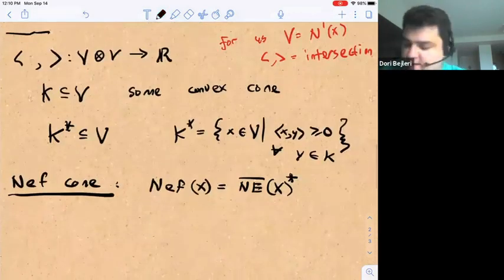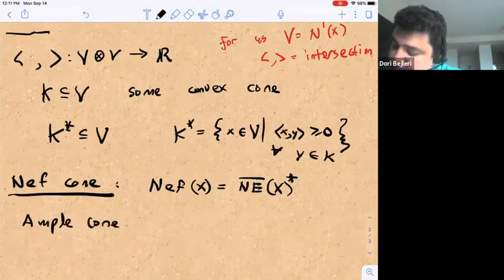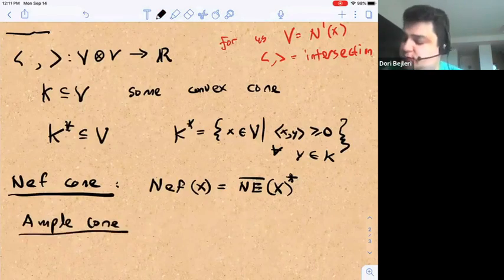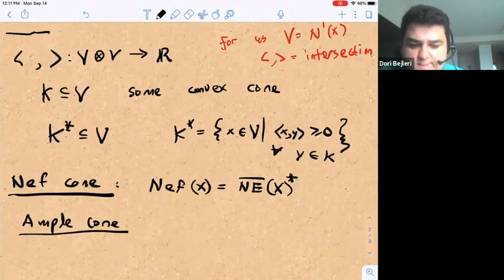Okay, and then we also can talk about the ample cone, which is the convex cone of all ample divisors, so non-negative linear combinations of ample divisors. And we had Kleiman's criterion.